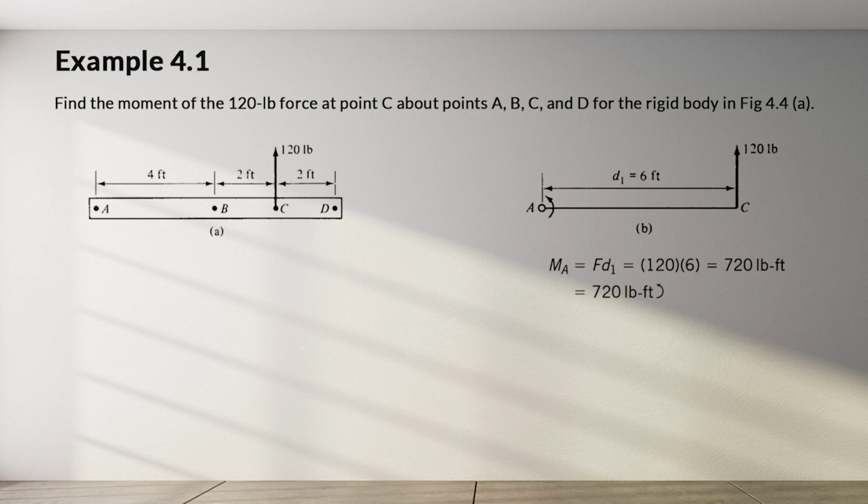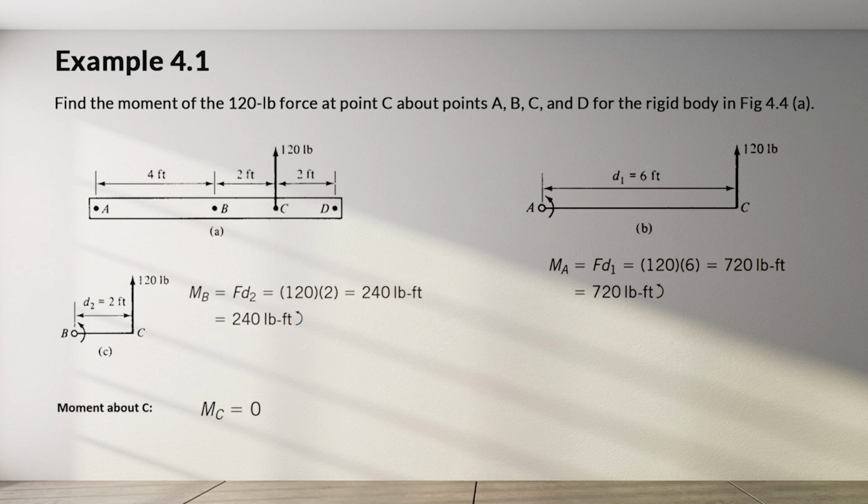The distance between A and C is 6 feet, so we would say that 120 pounds times 6 is 720 pounds-feet. It is the same thing for point B. The distance from C to B is 2 feet, so 120 times 2 equals 240 pounds-feet. These rotations are counterclockwise, so they will be positive.